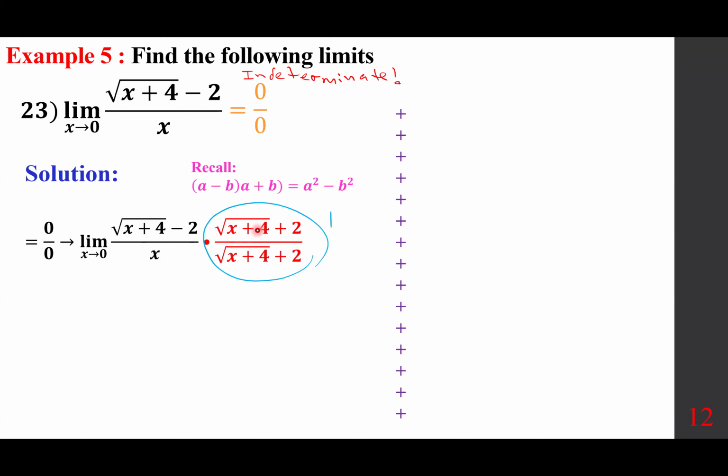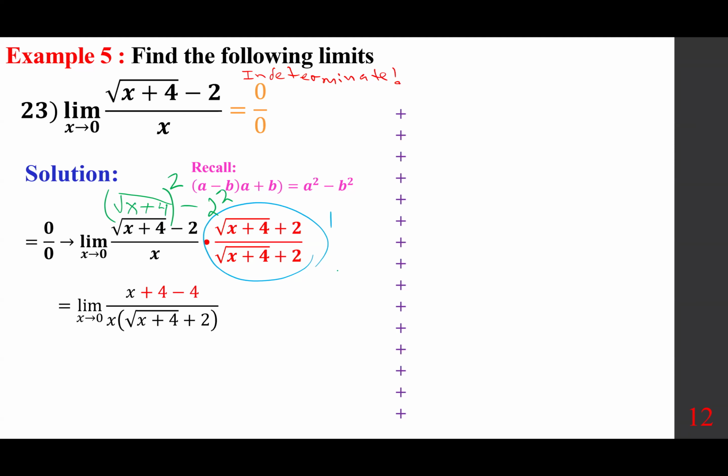The numerator, however, you are going to multiply through by a minus b times a plus b, resulting in the following: square root of x plus 4 squared minus 2 squared. And that means x plus 4 minus 4.